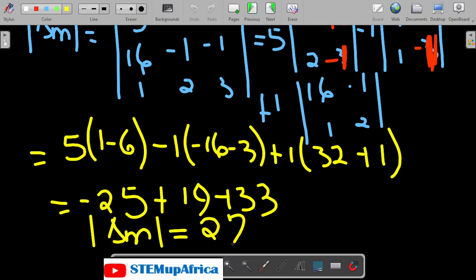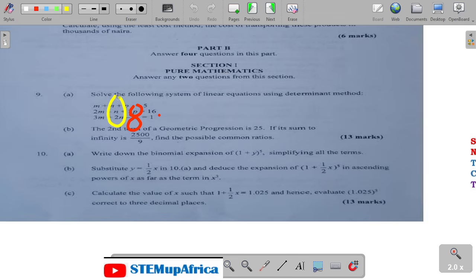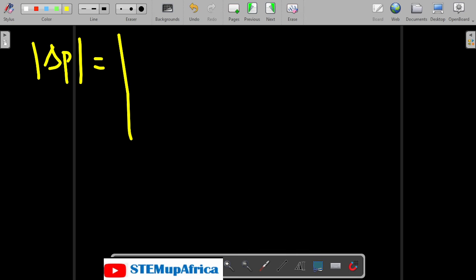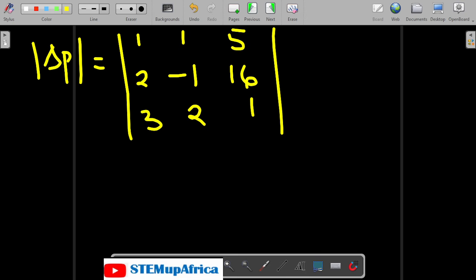Finally, I will replace all the p's now with 5, 16, and 1. So I'm going to have delta p, the determinant: 1, 2, 3, 1, minus 1, 2, 5, 16, 1. The same process, plus, minus, and plus.